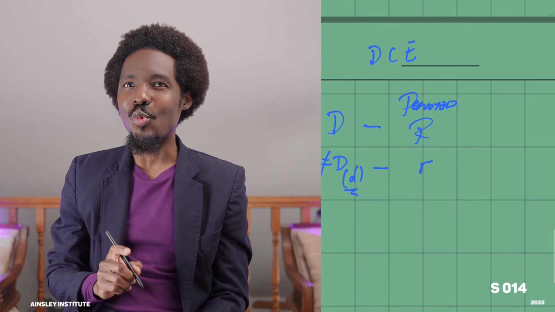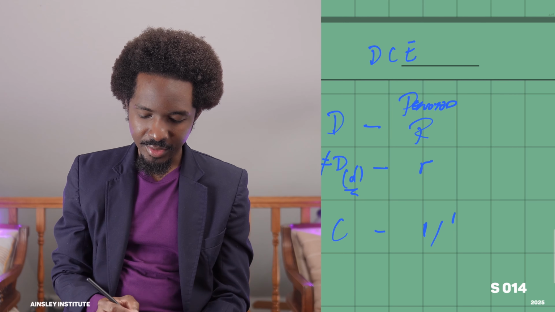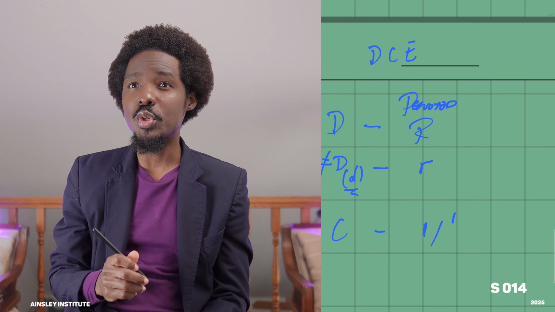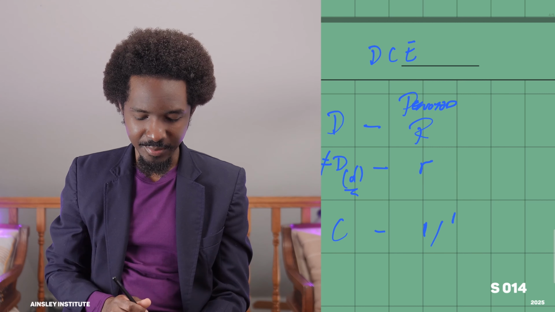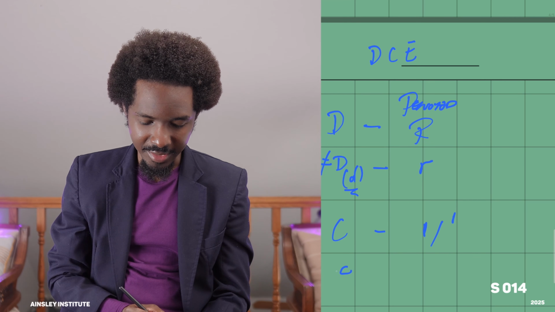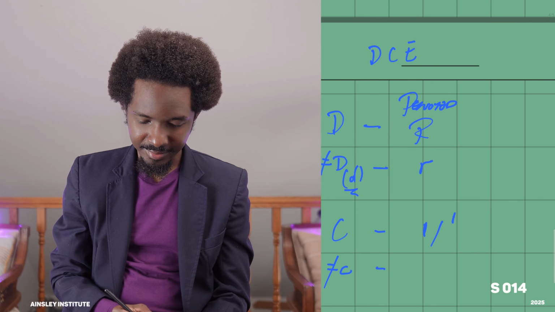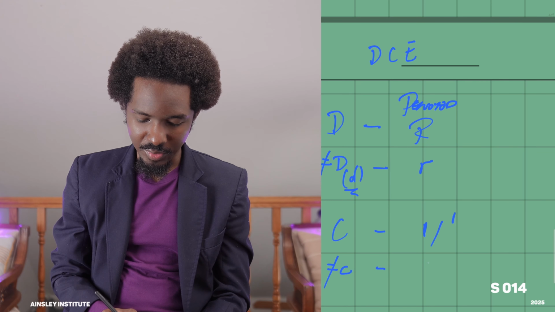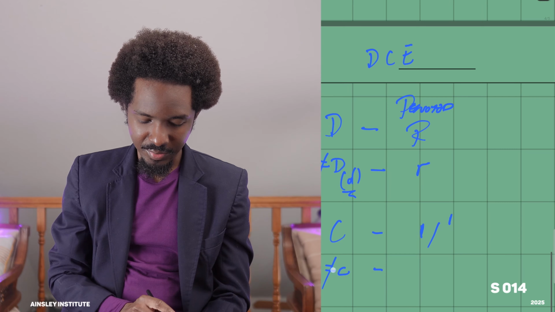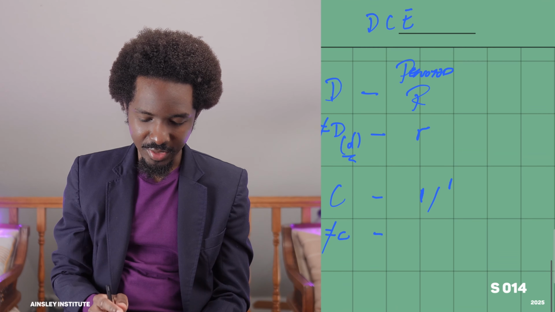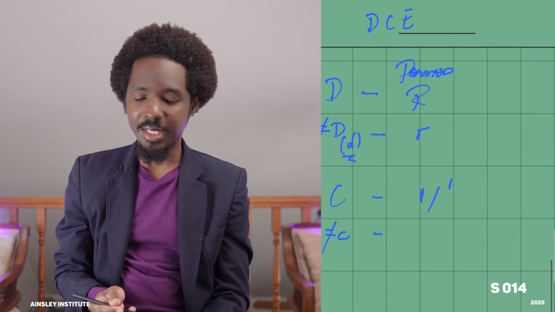Now, big C. We have big C when we have 1 or a prime. So if we have 1 or prime, we know that that is big C. In the absence of it, we have the little c.